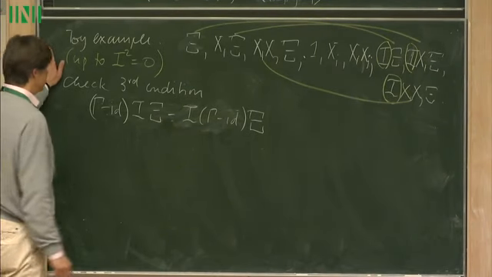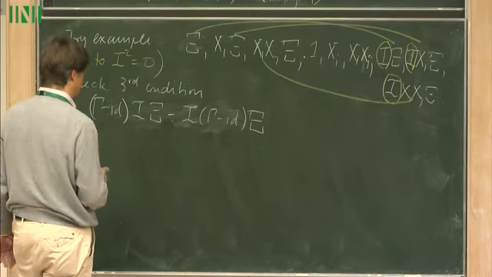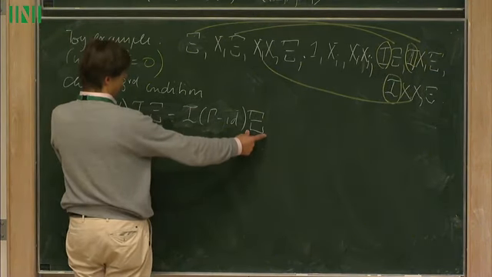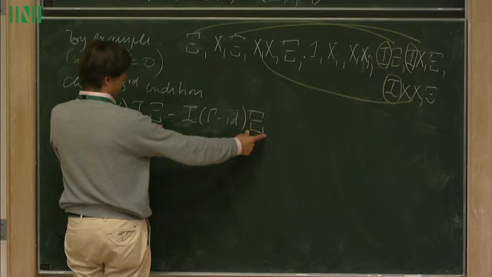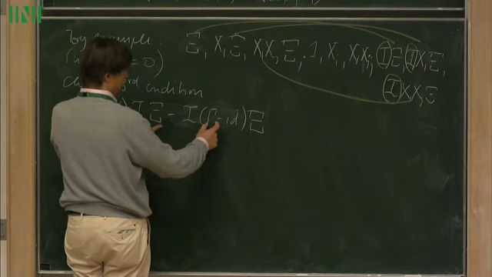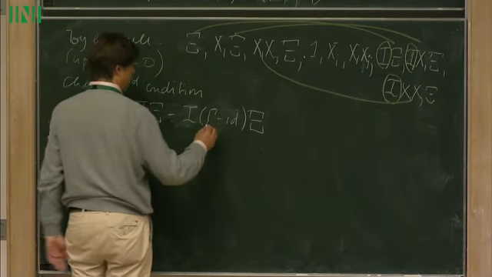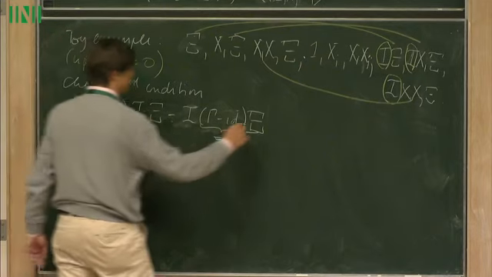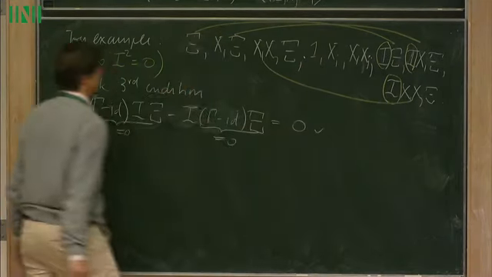And in this case, the answer will be 0 because both of these objects have negative homogeneity. That means the change of variable acted trivially on them. There was nothing to subtract. So this is equal to 0, and therefore, in particular, a polynomial.